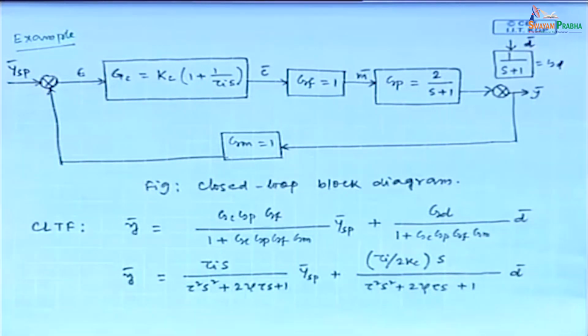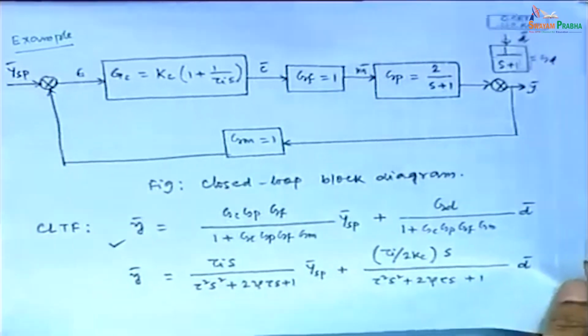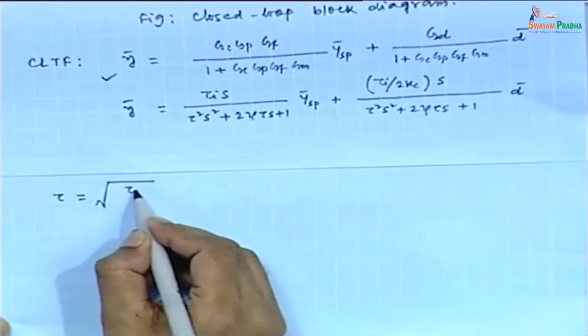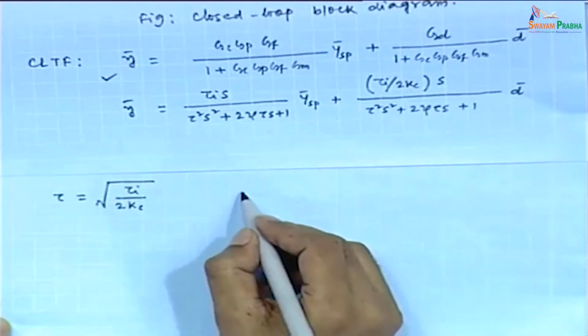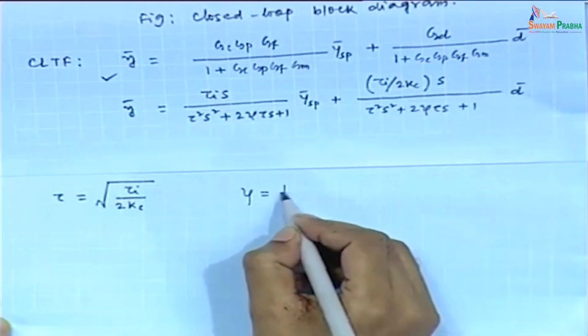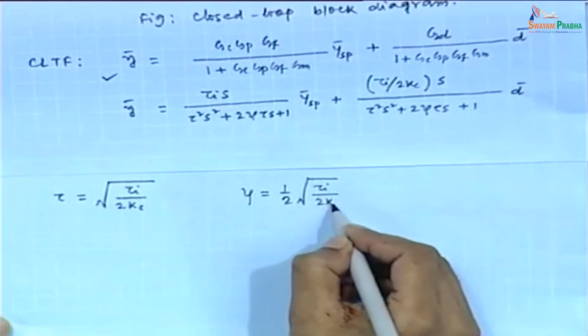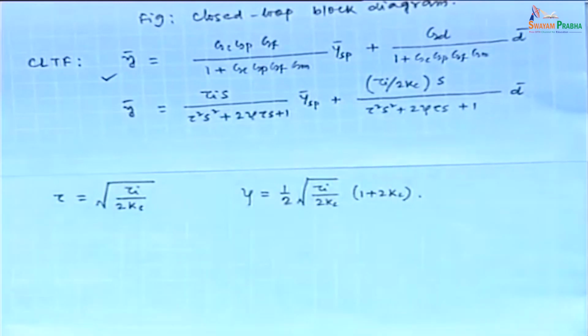If we substitute the individual transfer function expressions in this general form, we get this closed loop transfer function, where tau equals root over of tau y divided by 2 kc and zeta equals half root over of tau y divided by 2 kc multiplied by 1 plus 2 kc.